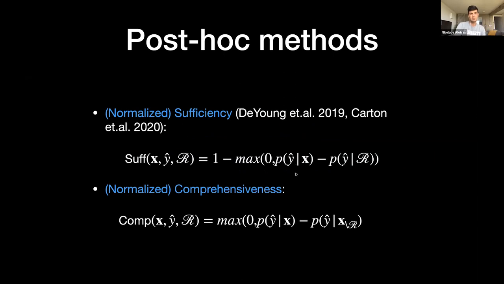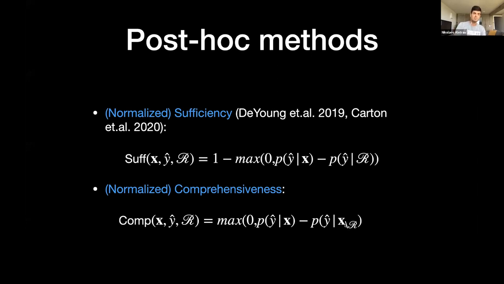For sufficiency, we just measure the difference in predictive likelihood given the whole input minus the predictive likelihood given only the rationale. And for comprehensiveness, again, it is the difference between the predictive likelihood using the full input minus the likelihood of predicting the class given the input minus the rationale.